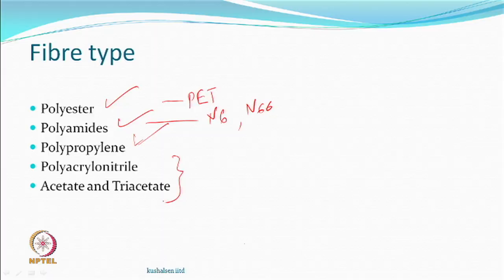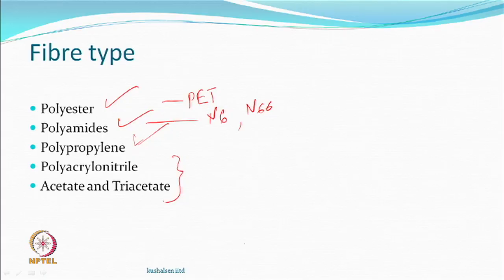And because they degrade, how can you do texturing? So, you do not want a degraded material and say, now I got a textured yarn, be happy about it. Acrylic fibers are very sensitive to heat. They become yellow very quickly. And similarly, acetate and triacetate are also thermoplastics, because the capability of formation of intermolecular hydrogen bonds is reduced drastically.